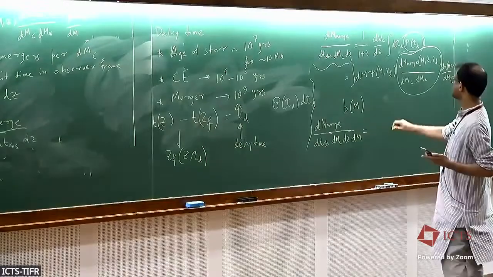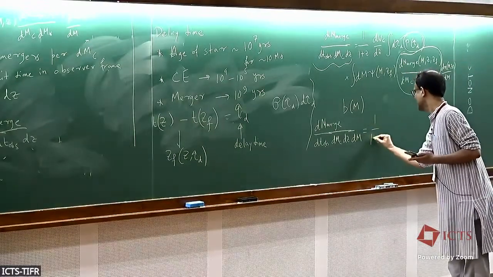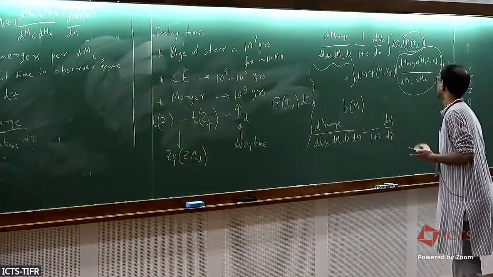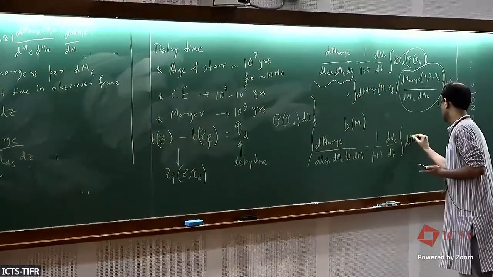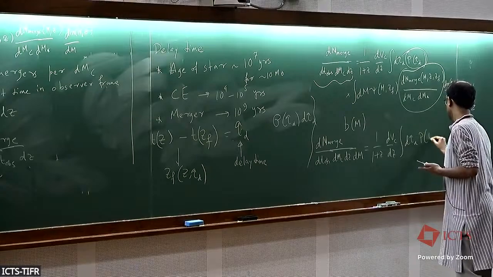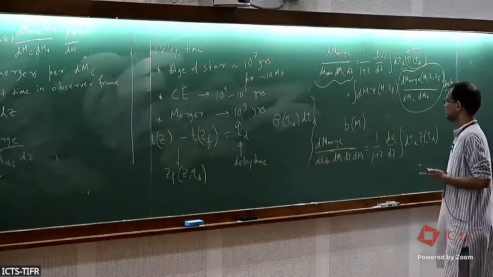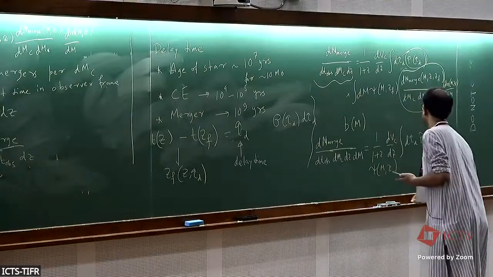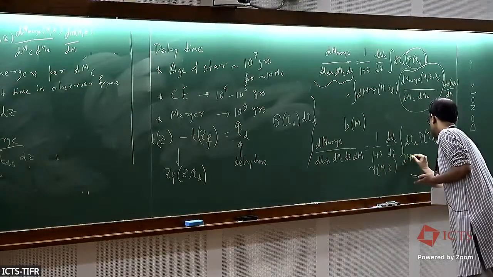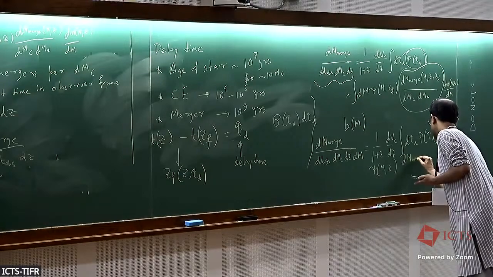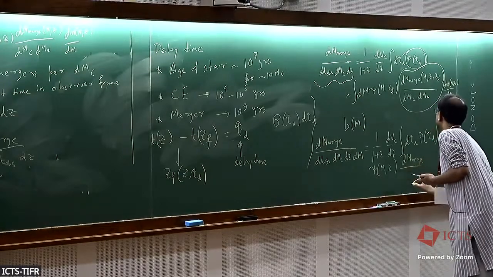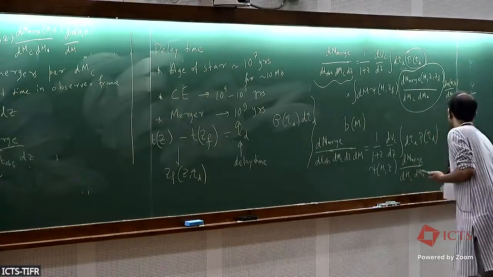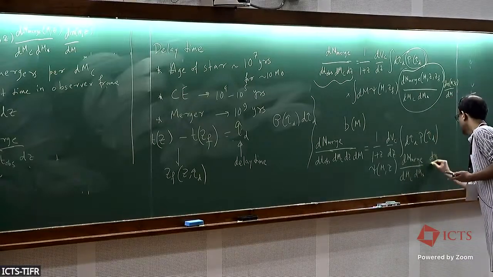So this is basically, I'm just writing it again, (1 plus z) dV_c dz d tau_d. I'm not integrating, so it is psi(z) dN_merge dm_c dm_star and dn.